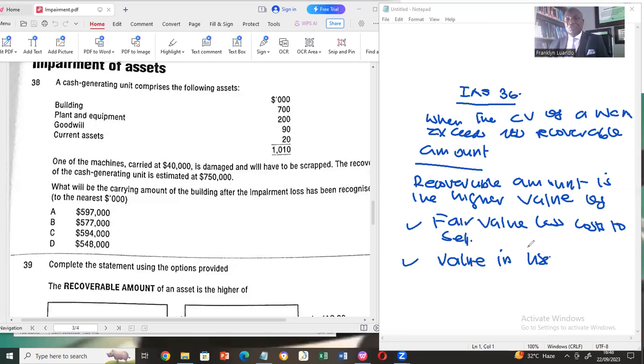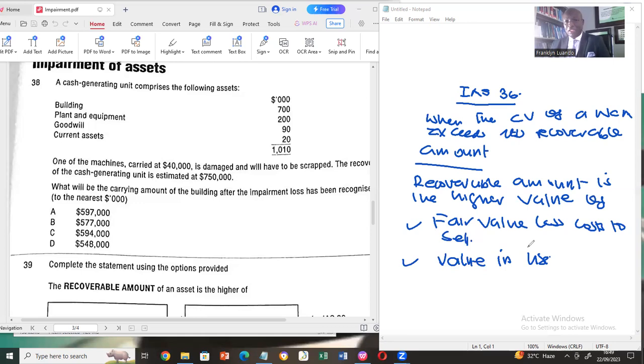So when we talk about fair value, less cost to sell, this is the market price of the asset. At how much can the asset be sold in the market? Less of costs associated with the sale, such as the agent fees, the commission. Those are costs to sell.